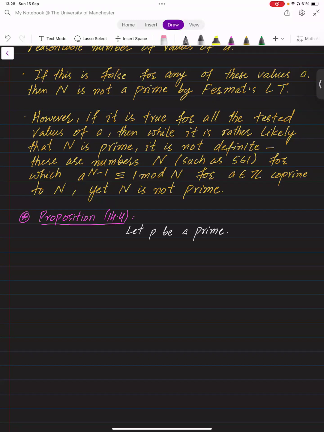If a is an integer such that a squared is congruent to 1 mod p, then a is congruent to plus or minus 1 mod p.